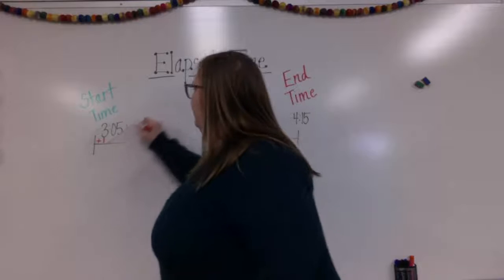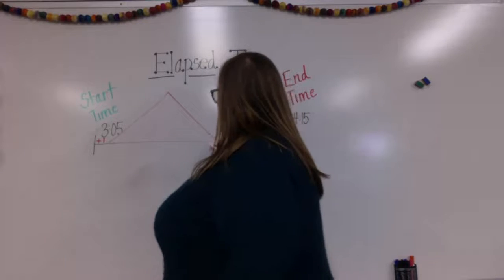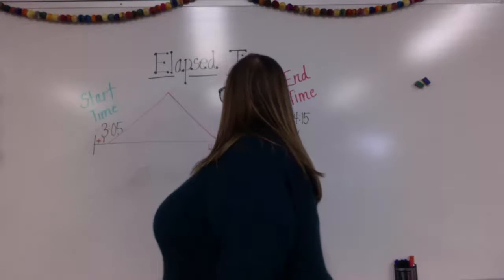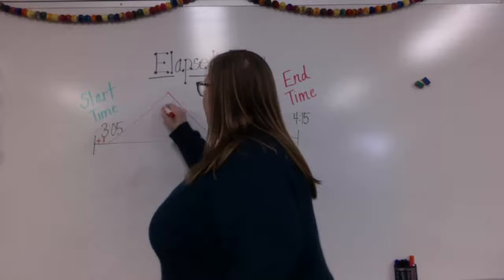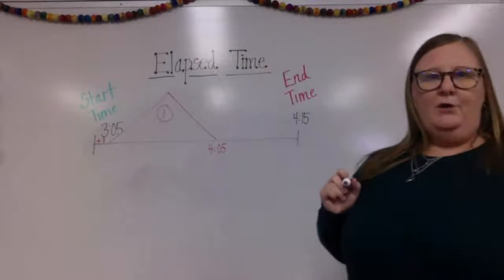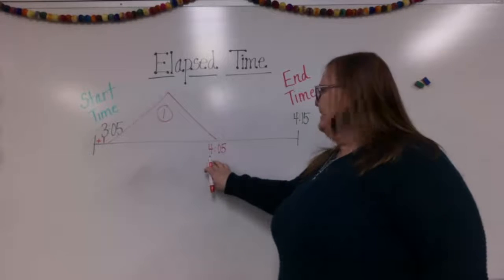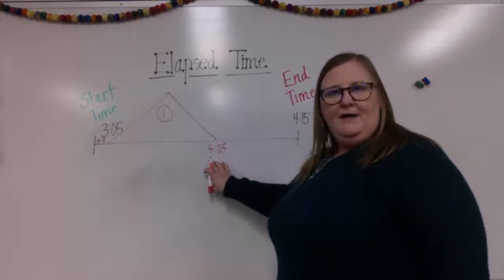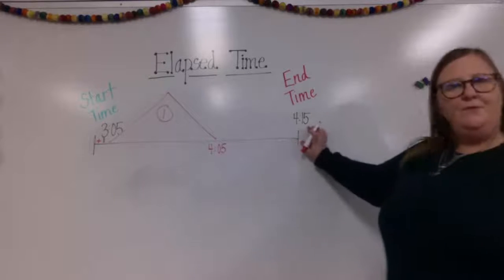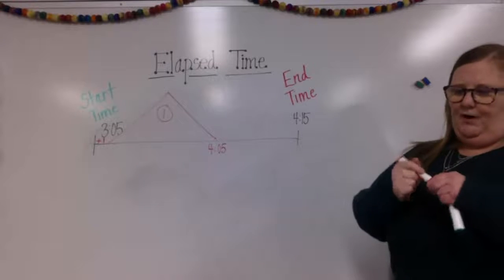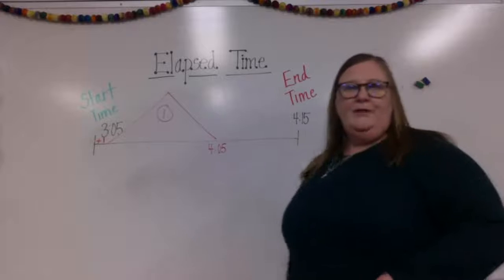So instead of it being 3:05, now it would be 4:05. And I'm going to put a 1 here to represent 1 hour. Now, if I added another 1 to the hour side, it would be 5:05. Remember, my stop time is 4:15, so I don't want to add any more hours. I'm going to put that hour marker down for right now.